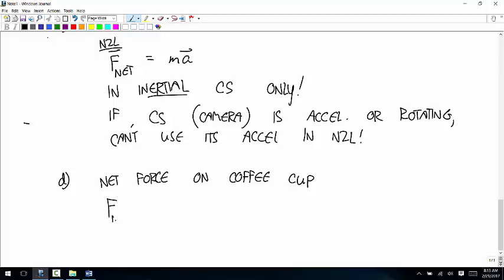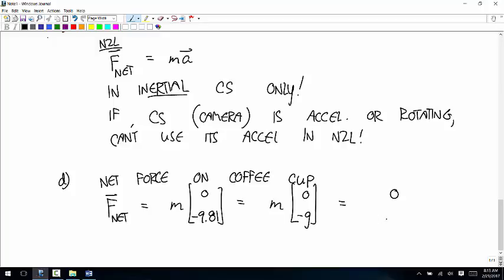So the net force is equal to the mass of the coffee cup times the acceleration of the coffee cup in an inertial coordinate system. So that's 0, negative 9.81, or we can write that as m times 0, negative g. And so the net force is just equal to 0, negative mg. So the only force on the coffee cup is the weight.